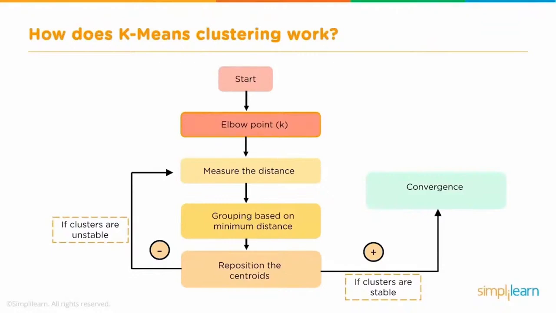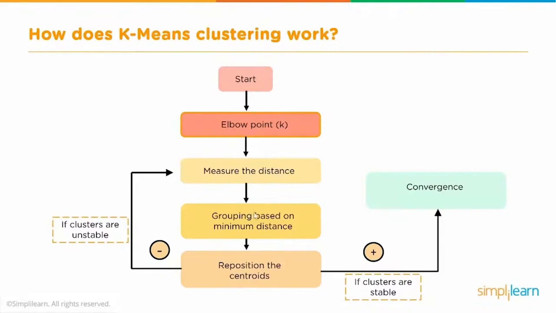And then it measures the distance of each of the data points from these centroids and assigns those points to the corresponding centroid from which the distance is minimum. So each data point will be assigned to the centroid which is closest to it. And thereby we have k number of initial clusters.